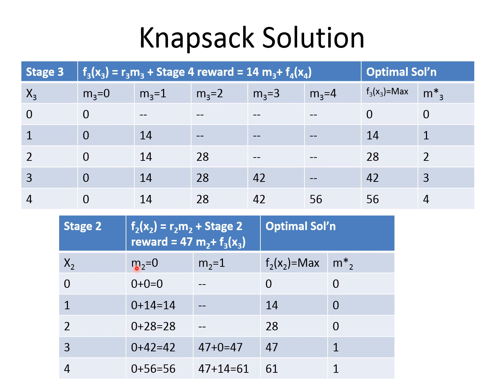X3 equals X2 minus 3 M2, 3 being the weight. So X3 equals X2 minus 3 M2.